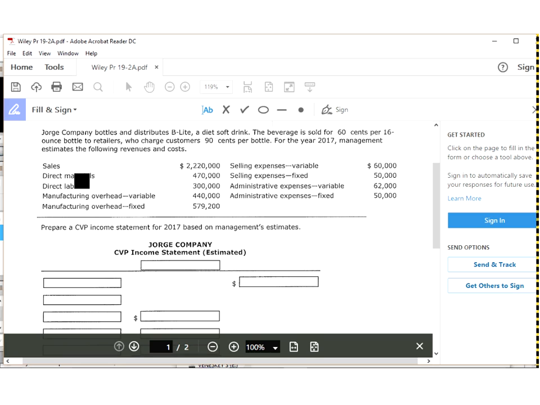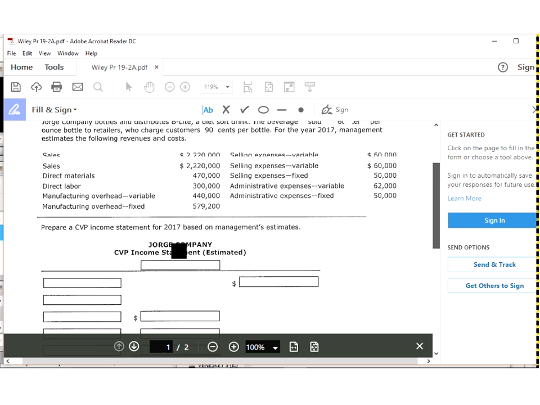Are these variable or fixed? As you'll see as we go through, these are considered our variable costs. The more items I make, the more people I need to make them, so our labor would change. Materials, the more items I make, the more raw materials I need to make the product.